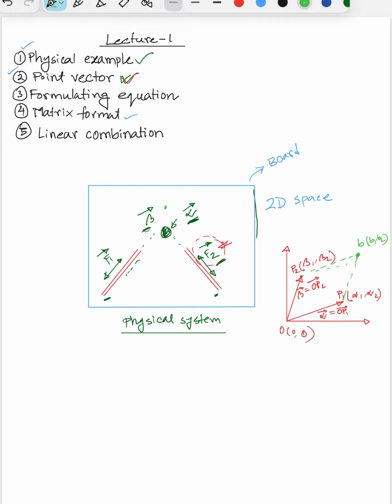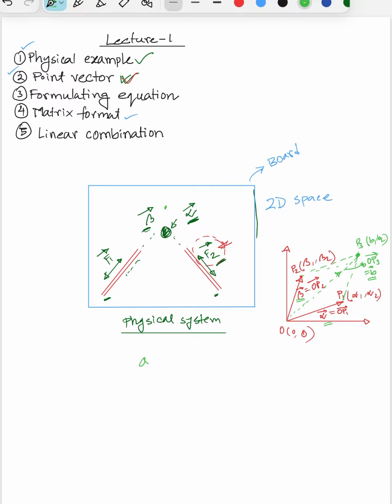Then we can find another point vector, which is this. So let's define it as P3, and then this one is the resultant vector, OP3 equal to vector B. And then we can write an equation that if we sum this vector and this vector up, we get this final vector.